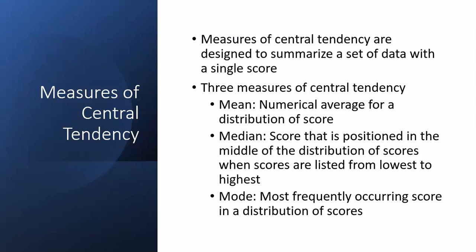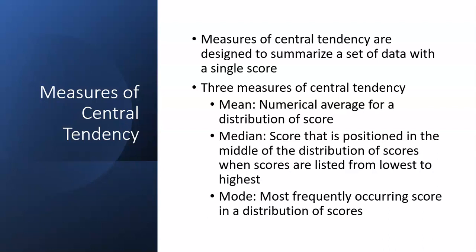The median is the score that you get if you put all of the scores in a sample in order from low to high, and then you pick the middle score. That represents a central position of scores within that distribution. The mode is the most common score in a distribution.